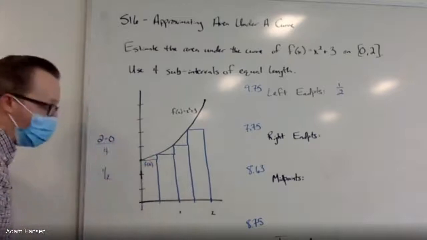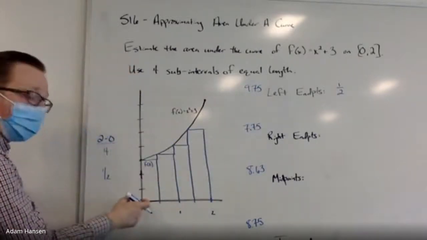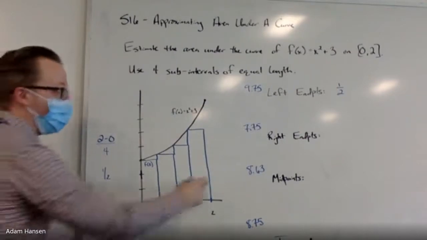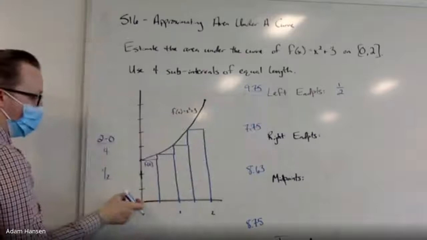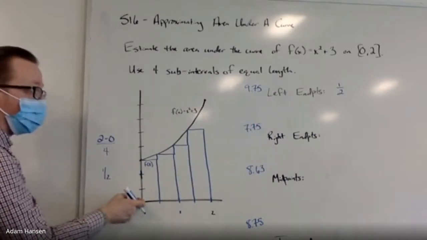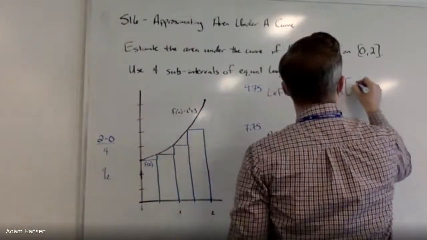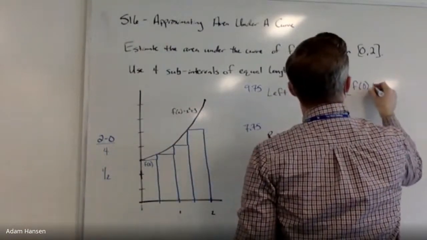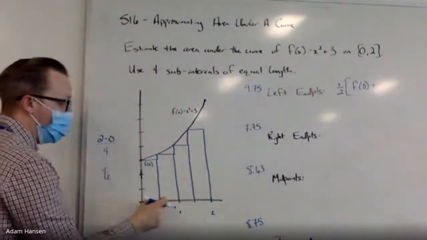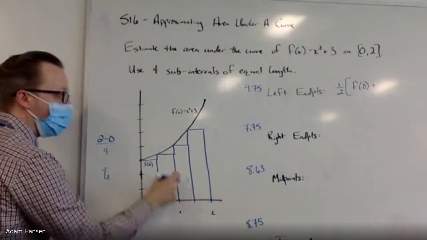The first rectangle runs from 0 to 1/2, and since it's a left endpoint, it intersects the curve at the left-handed endpoint. So I'm using left endpoints. From 0 to 1/2, I'm going to use f of 0 to find the height of this first rectangle. The second rectangle runs from 1/2 to 1 along the x-axis, since I'm using left-handed endpoints.